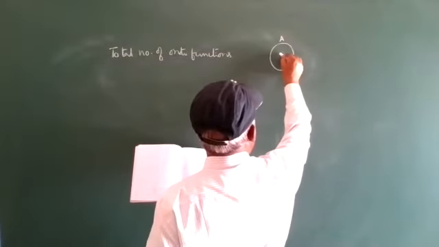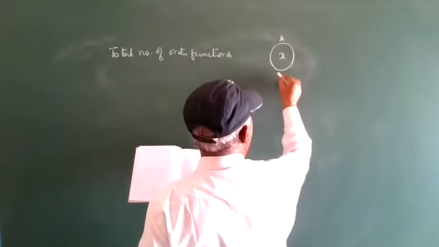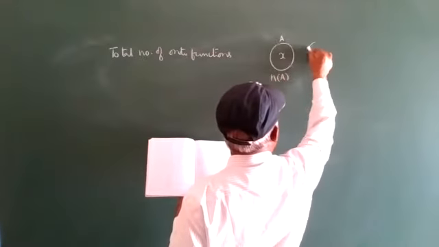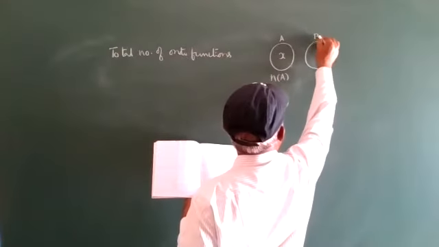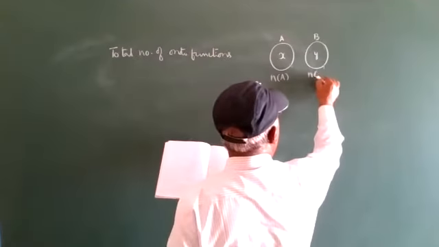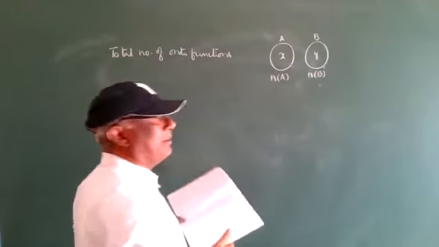This is the A set, and its elements are represented by X. This is the B set, and B set elements are represented by Y. n of B means the number of elements in the B set.